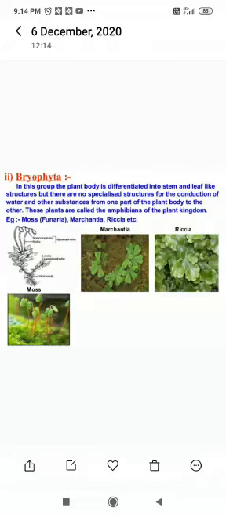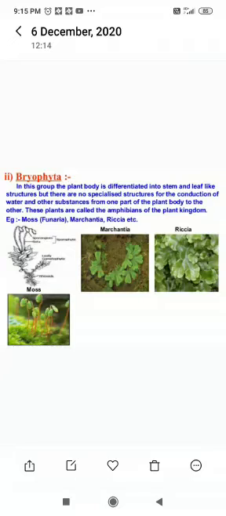That means they do not have vascular or conducting tissues for the transport of water, minerals, salts and food from one part of the plant body to the other. That is why they do not have a specialized structure.